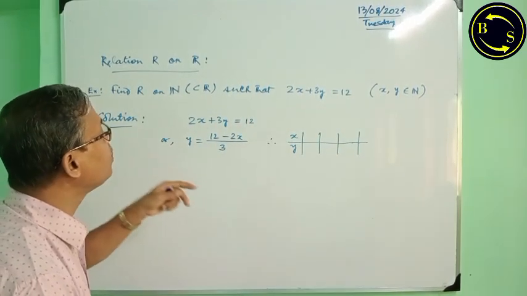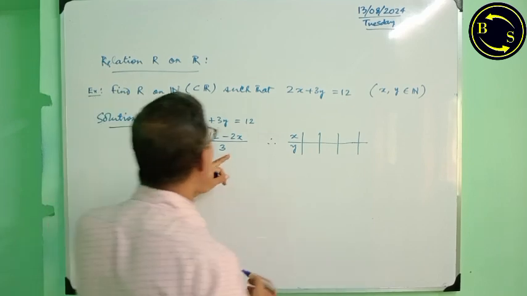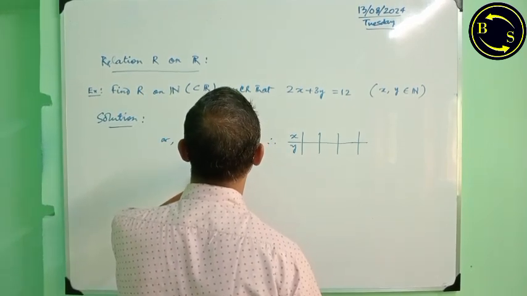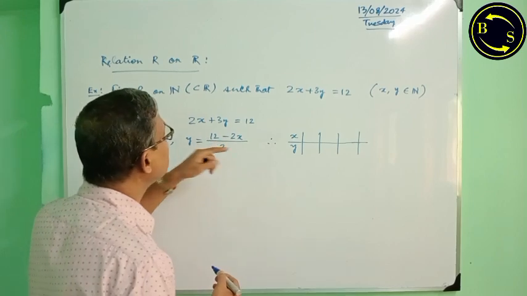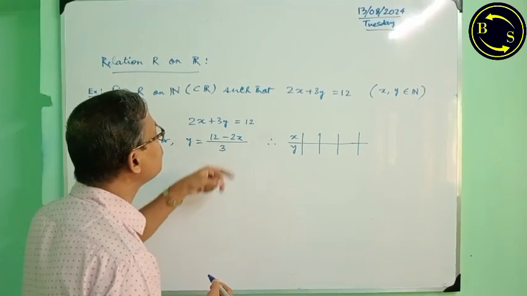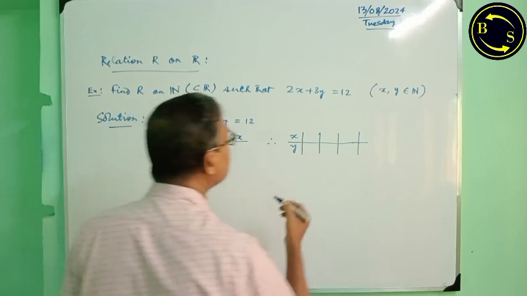Now if we take x equal to 1, 12 minus 2 is 10, the result will not be an integer.